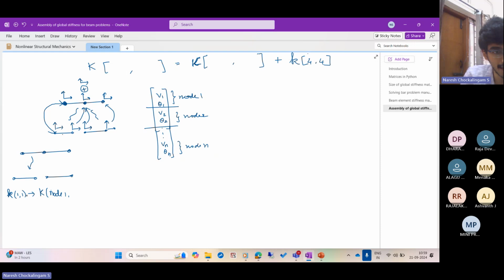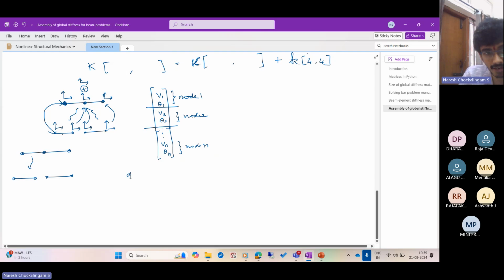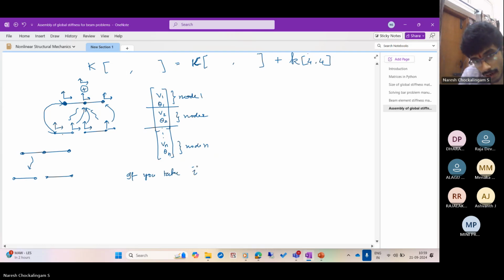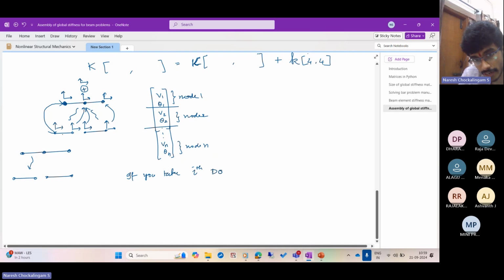Let me put it this way. If you take the ith degree of freedom, what are the global rows corresponding to it, in Python notation?